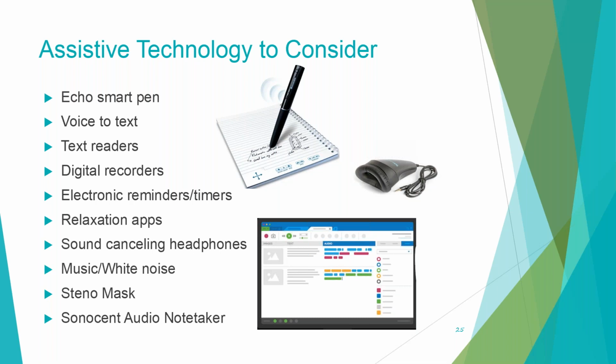If they're more kinesthetic learners, they can doodle, make drawings, whatever it is that they need to do to stay focused, and they don't have to worry about getting word for word everything down because it's been recorded.